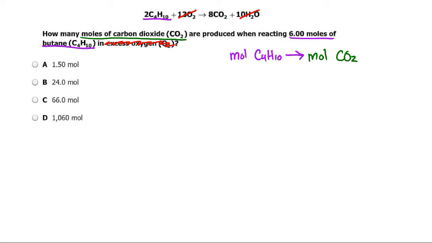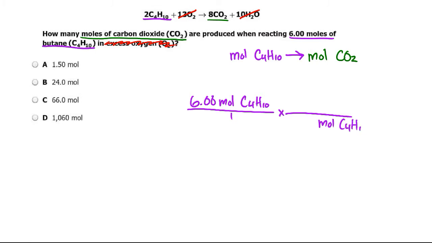In this, we're going to take what we know, put it over 1, and keep it moving. 6 moles of butane, C4H10, over 1. I'm going to go from moles of butane, not to grams or liters, because we have moles of our starting stuff, turn it right into moles of what we want to know, which is carbon dioxide.